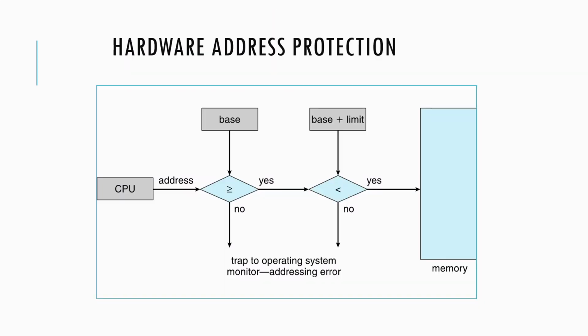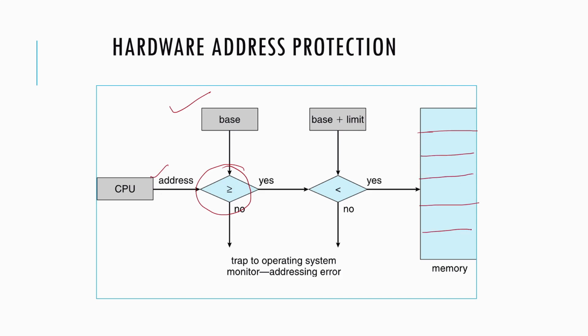The same implementation can be done with the two registers also. Two comparisons have to be done here. You can see the CPU generates the address, and generally we call it a logical address or virtual address. This address will be checked against the base, to see whether it falls in that range or not.